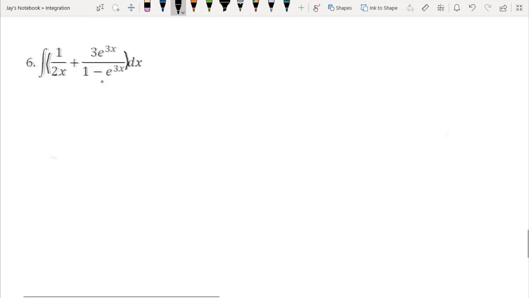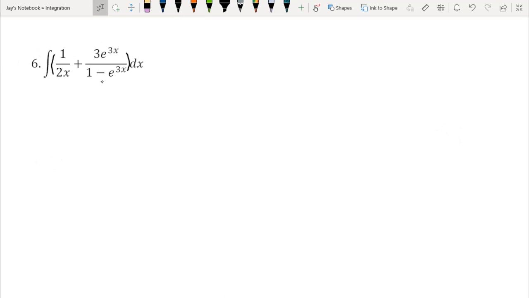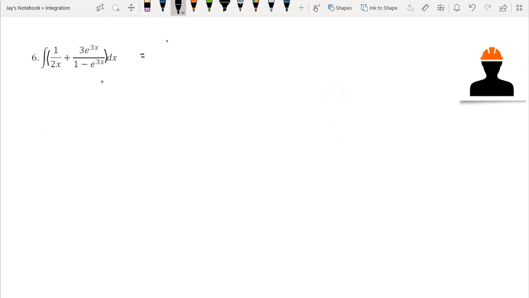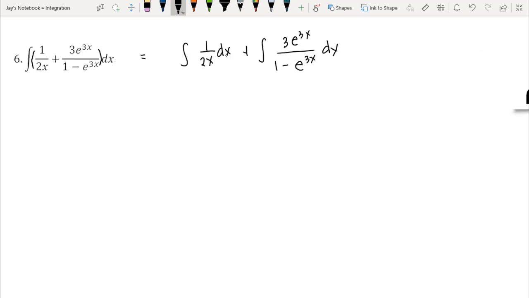Again, we can integrate them individually by rewriting our equation into the integration of 1 over 2x dx plus the integration of 3e^3x over 1 minus e^3x dx. So we have two terms, so let's start with the first term here.